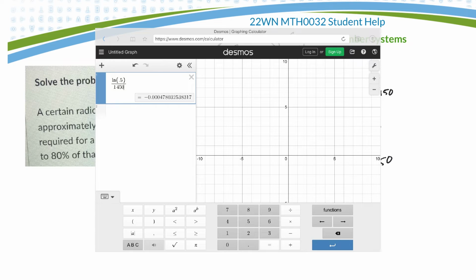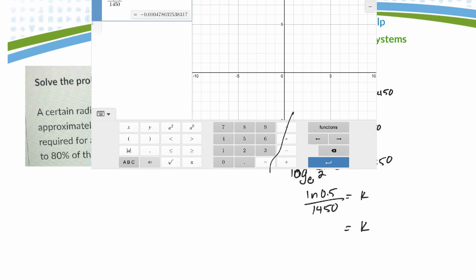Okay, so our k value is negative 0.000478. I'll throw a couple numbers in there. So that's what my k value is.